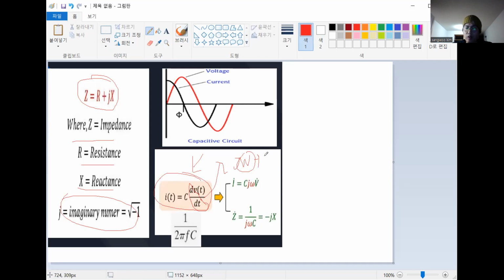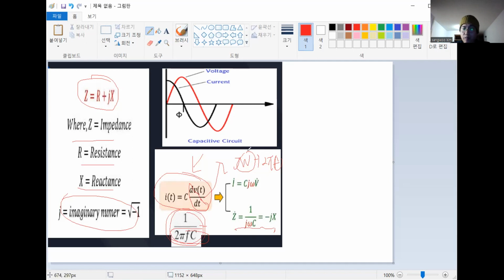And omega we can say is 2 pi f, where f is frequency. That's why we mostly see this formula, 2 pi f C. So I explain how we get this number.